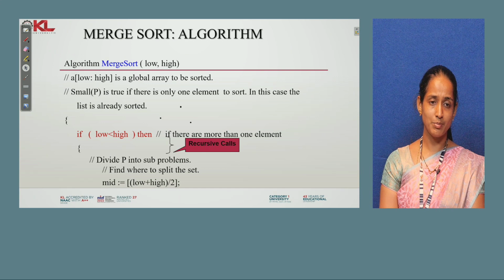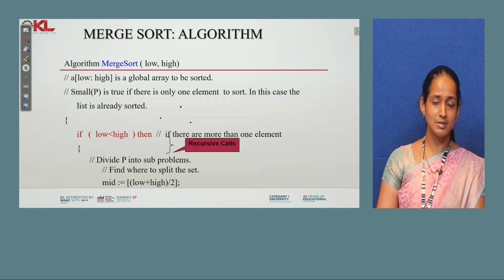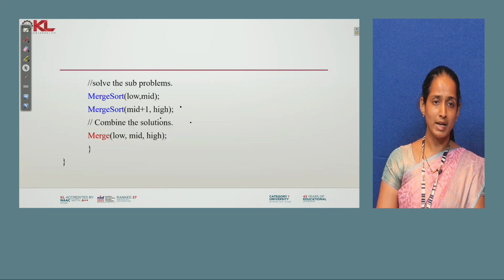So what is the principle? First we divide the given list into two halves. Here we compute a mid value to make sure that we have exactly two sublists. So mid is equal to low plus high by 2. Then we pass the low and mid values to divide the first half by recursion.